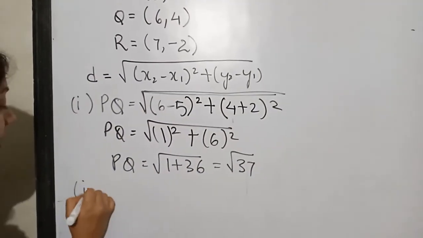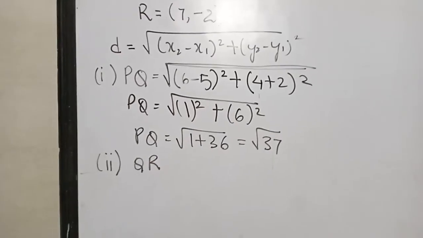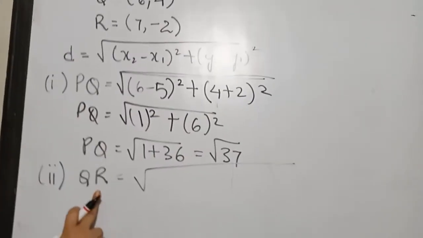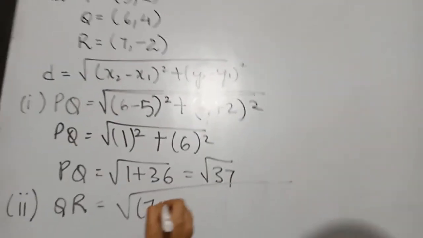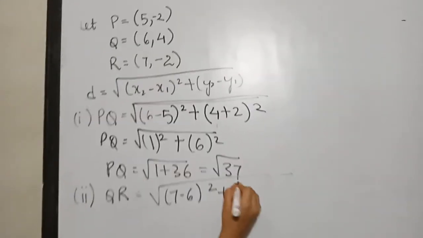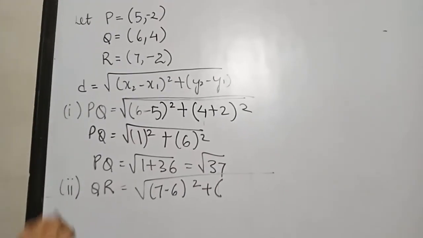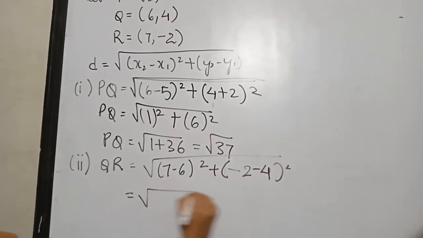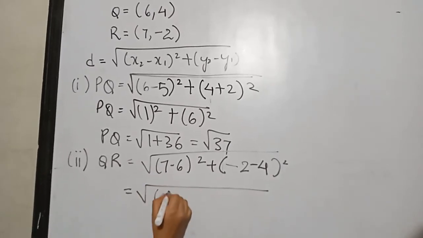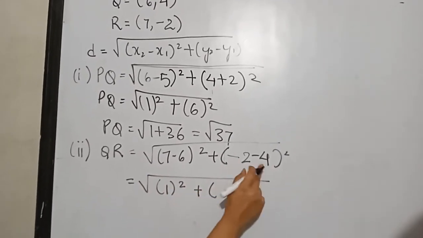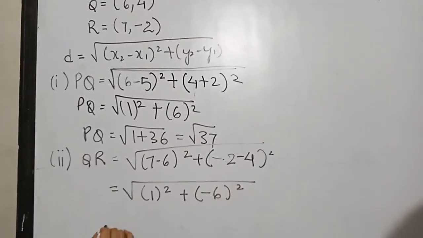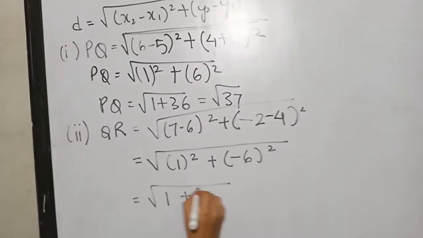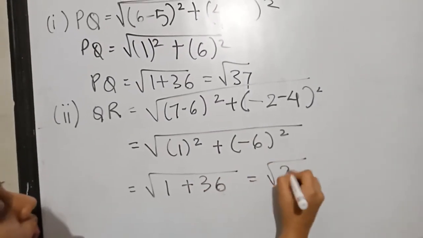Now our second distance that we are going to find is QR. So let us see the distance of Q and R. This will be (7 minus 6) whole square plus (minus 2 minus 4) whole square, which is equal to whole under root of (7 minus 6 is 1) square plus (minus 2 minus 4 is minus 6) whole square, which is equal to 1 plus 36, which is equal to root 37.